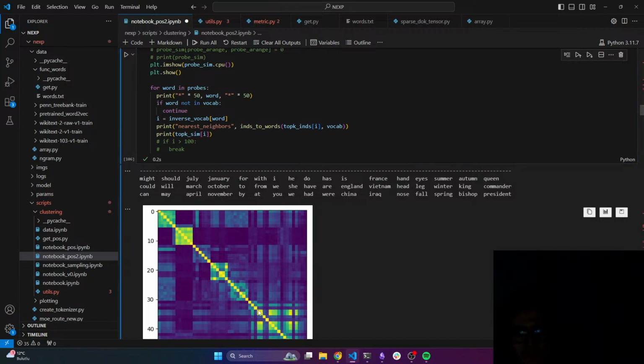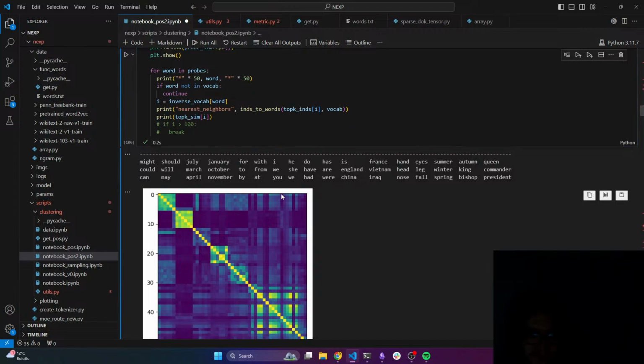So the countries are not super similar. Alright, let's see. England, China, France are similar. And Vietnam and Iraq are similar as expected, but they're not super similar to England, China, France. Hand, head, nose. Hand is not similar to anything, but hand, nose, eyes, leg are pretty similar, kinda.